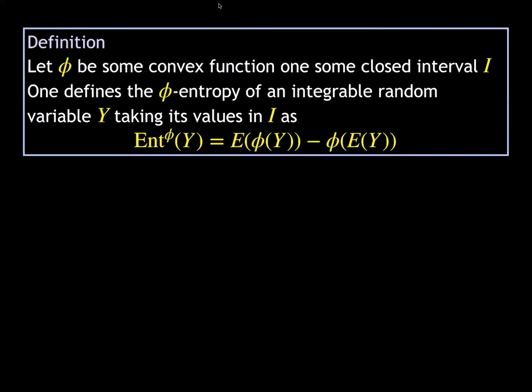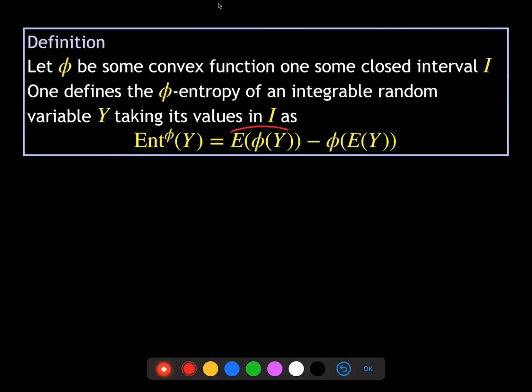So the phi entropy is what? You consider some convex function on some closed interval I, and you define the phi entropy of an integrable random variable y as the expectation of phi of y minus phi of the expectation of y.